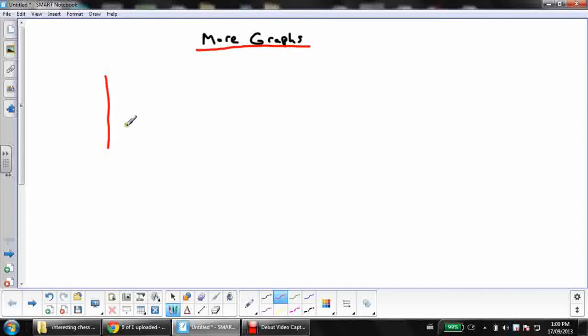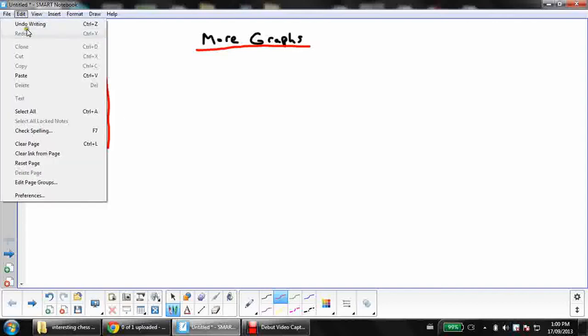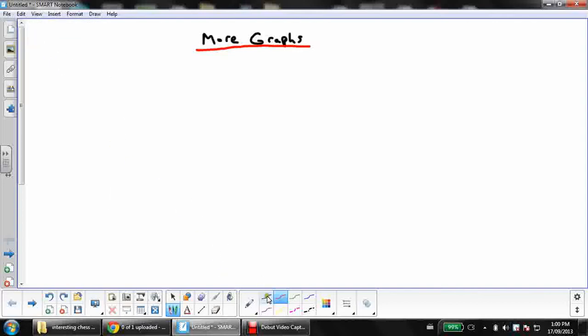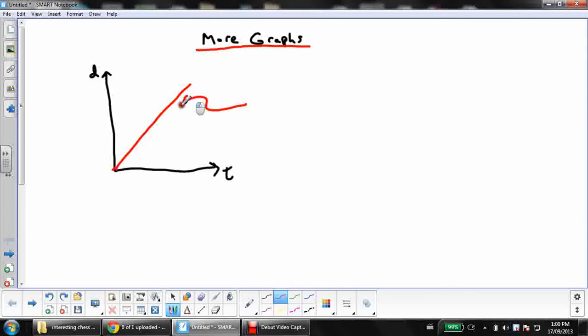If I have, let's make black, if I have a DT graph, yes, slope equals speed. Yes, we've learned that already.